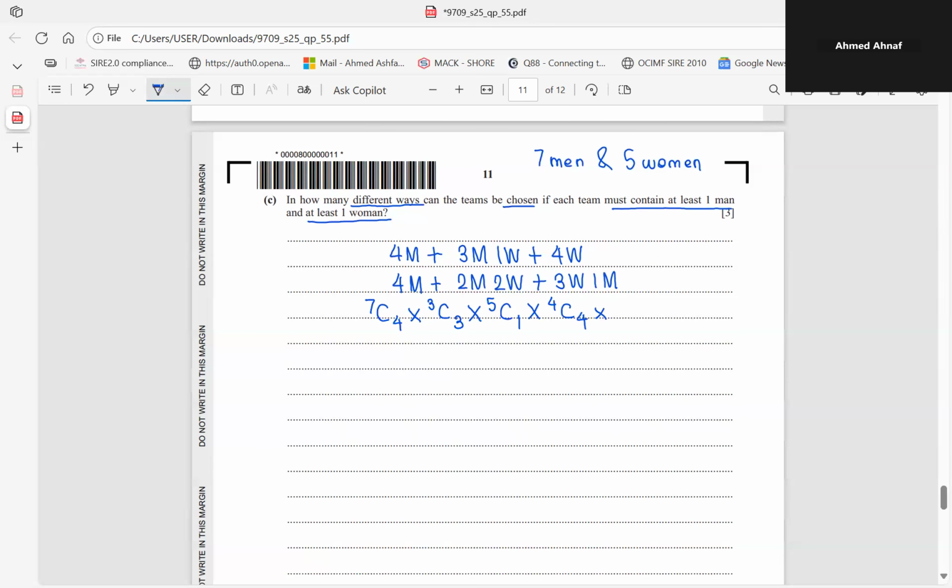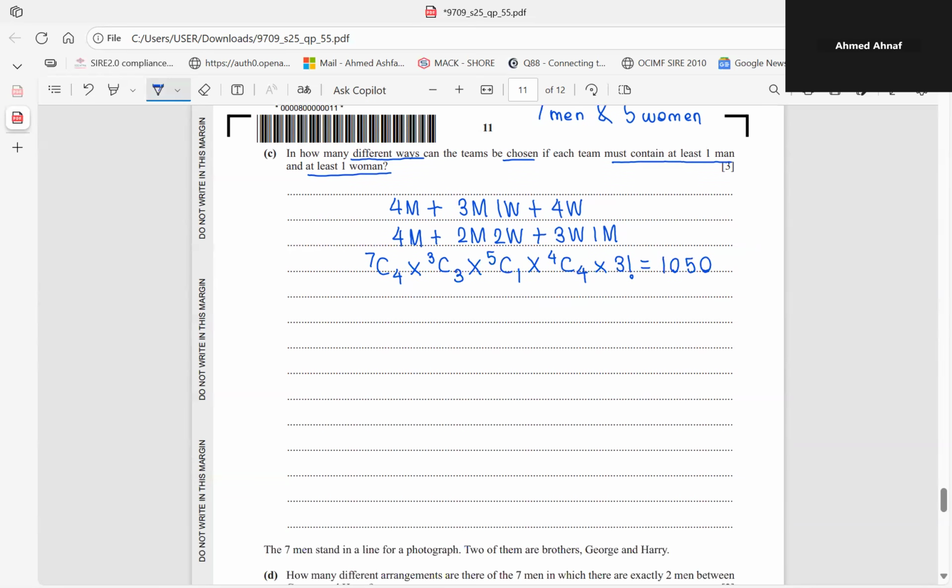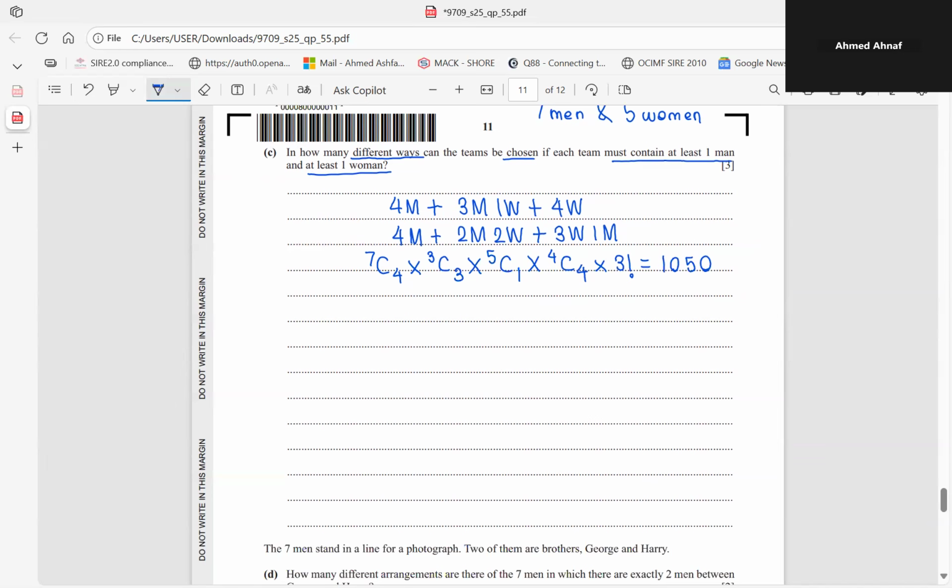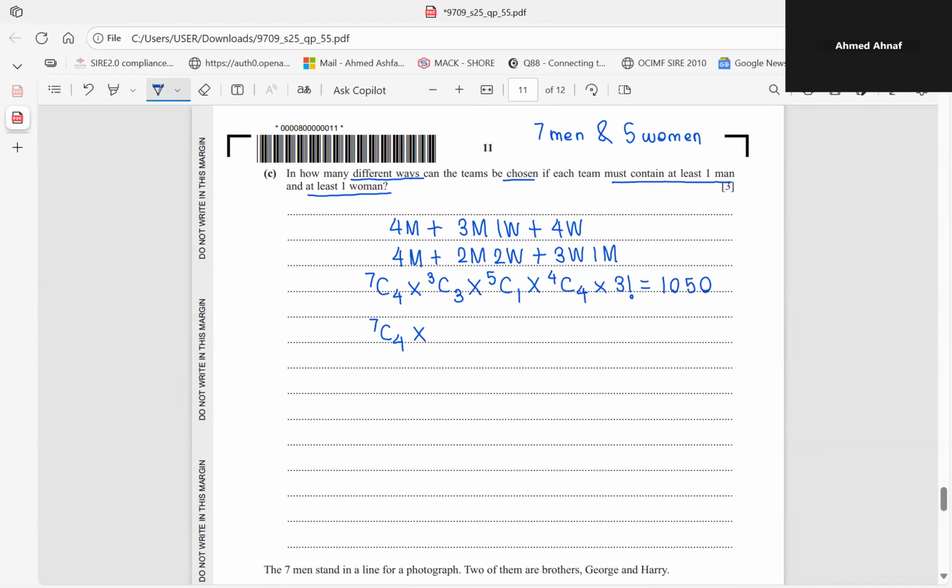And don't forget to factor in the arrangements of these combinations. This is also the same as 4 women, 3 men, 1 woman, and 4 men, and so on. So multiply by 3 factorial. You will get 1,500.